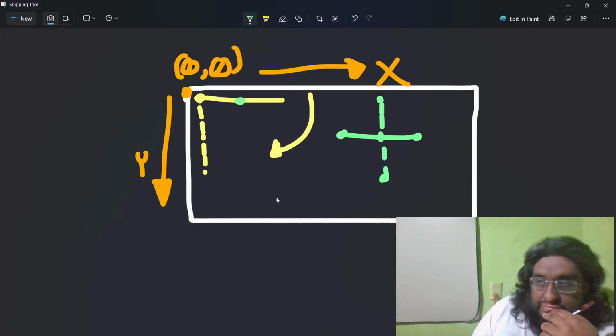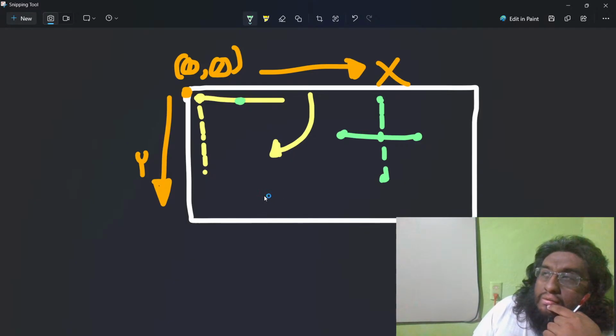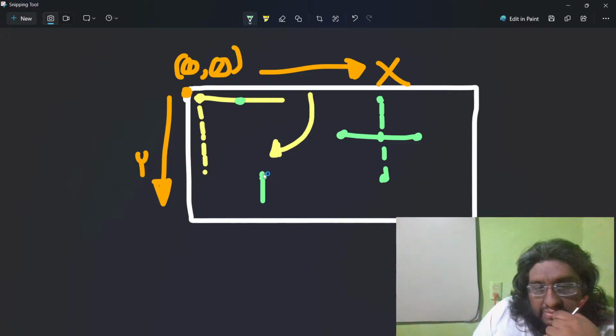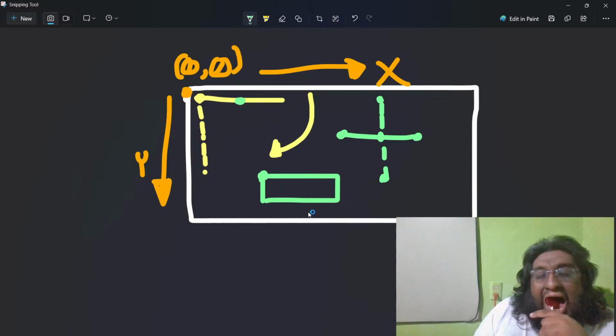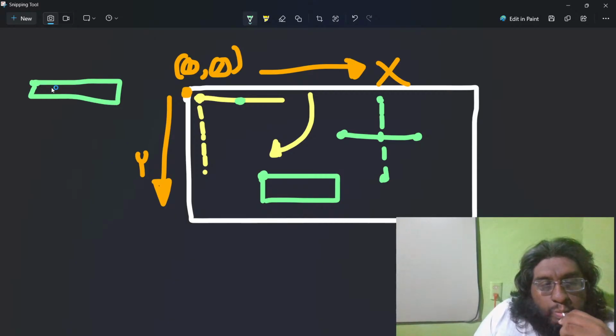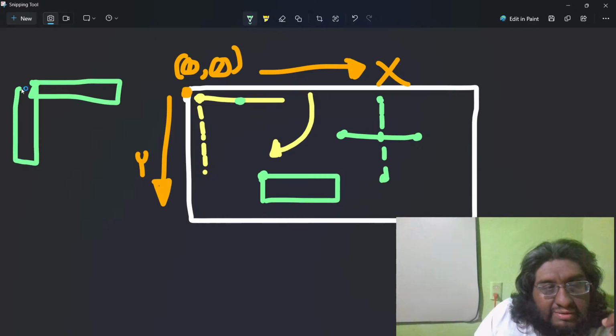So I'm not sure if we can do the rectangle. The rectangle only needs this point. If we do a 90 degrees from this point, it will be like this. You know this.